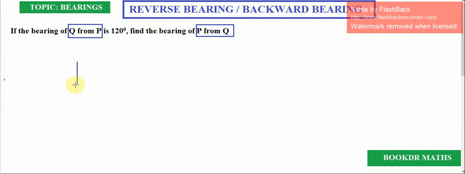Q from P, the angle will be at P, 120 degrees. This is the 3-digit bearing, so we will take the measurement from the North Pole in the clockwise direction. Up to here is 90, so we are adding 30 degrees to the 90.